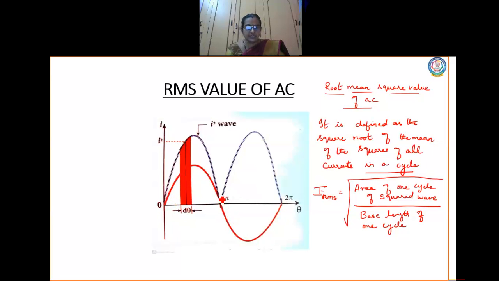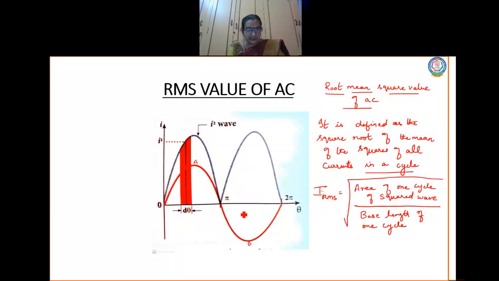Now, what we have done here is, this positive half cycle has been squared. Last topic we were discussing this as the peak value. Here let me take this point as A and this point as B. As I told you, here is the maximum current, and here also maximum current, but in the negative direction.